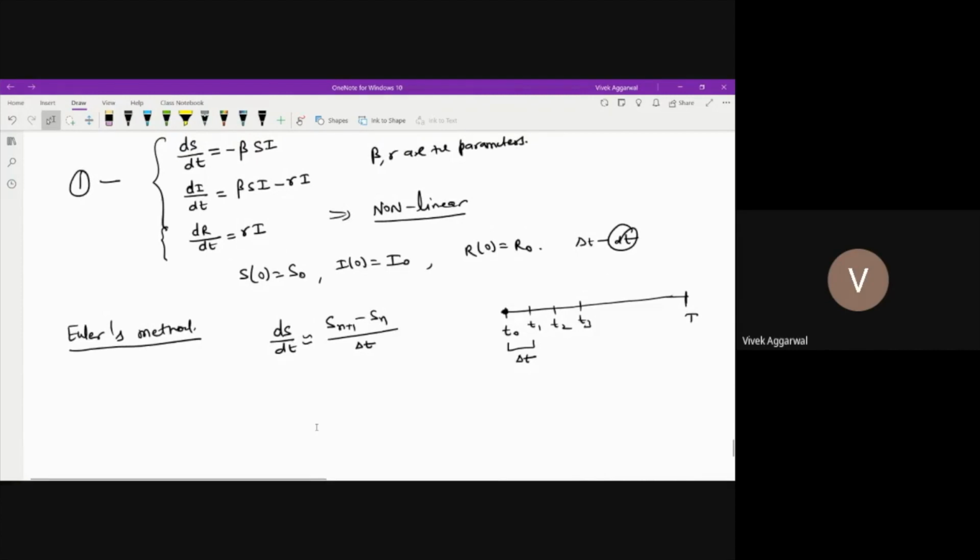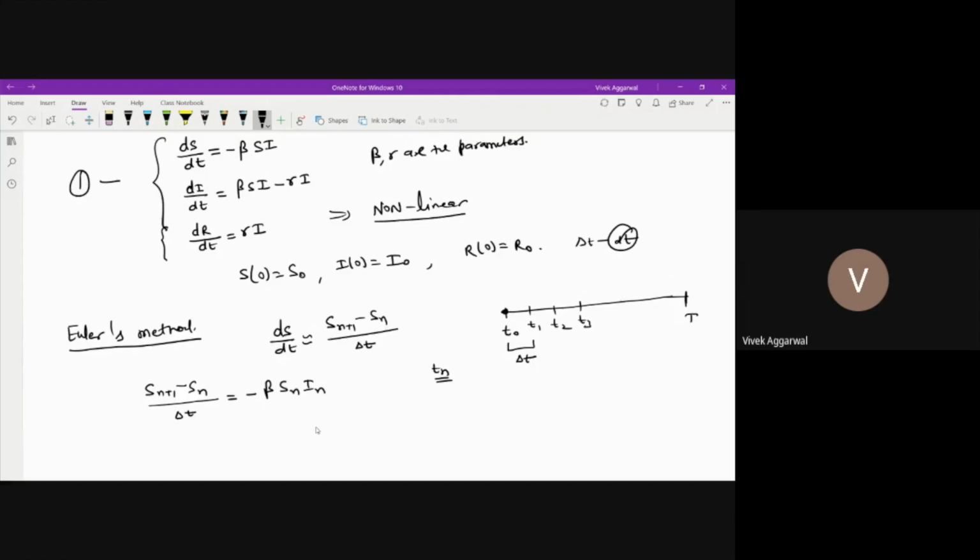So from here, I can write my first equation as (Sn plus 1 minus Sn) by delta T is equal to minus beta Sn In. So I'm finding the solution at any Tn. This is how the first equation becomes.